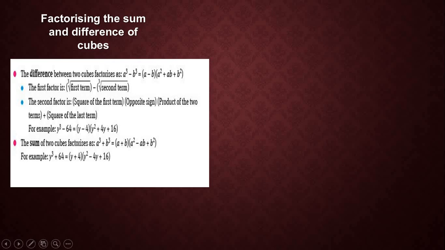Your first factor is still the cube root of the first term, minus the cube root of the second term, and then the square of the first term, the product of the two terms, which is a and b in that case, but in this case it's y and 4, and then the square of the second term, which in this case is 4 squared, which is 16.